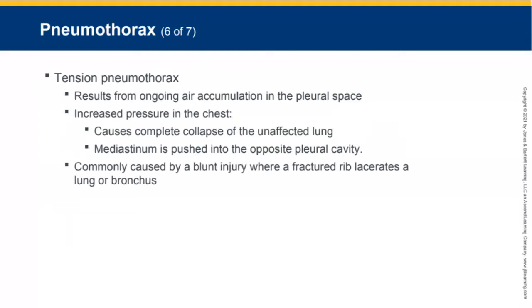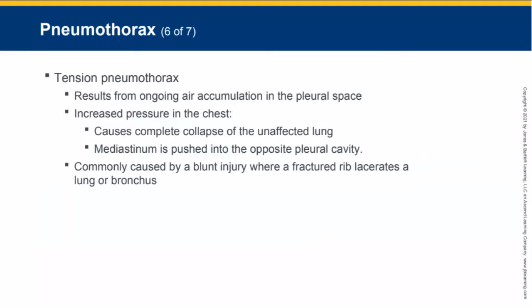The issue with a tension pneumothorax is the air that is accumulating in the pleural space starts to push on the structures that are in the mediastinum. One of the important structures found within the mediastinum is the heart and the great vessels. So it's going to compress the heart and the great vessels, and the heart no longer has room to stretch so that it can fill effectively with blood.